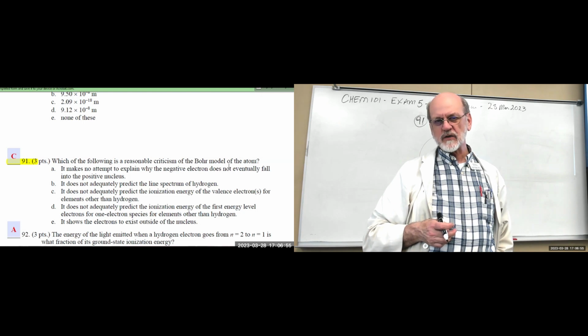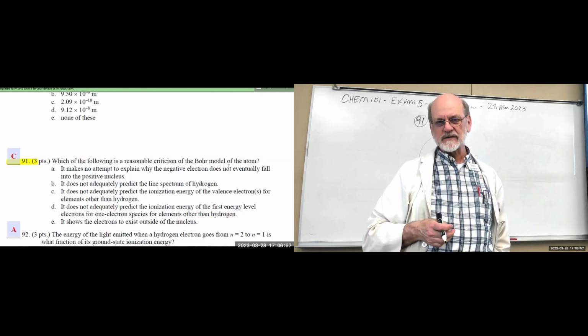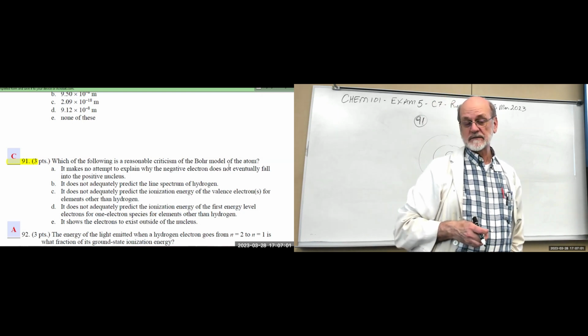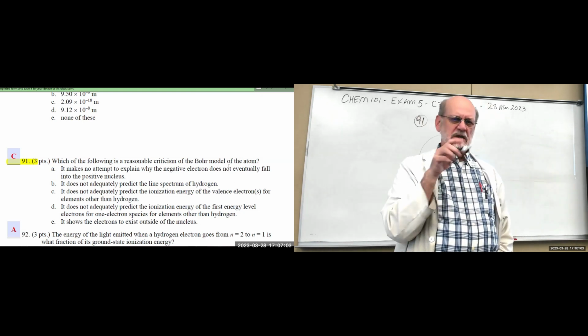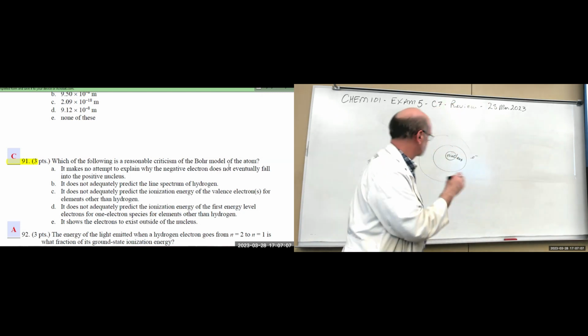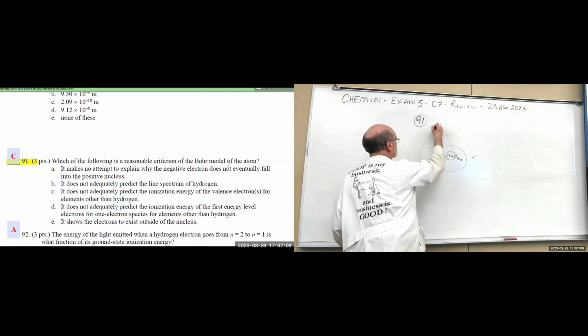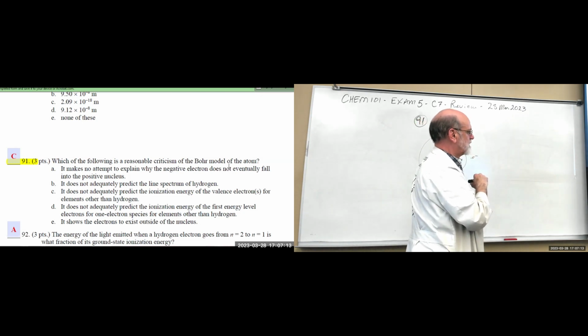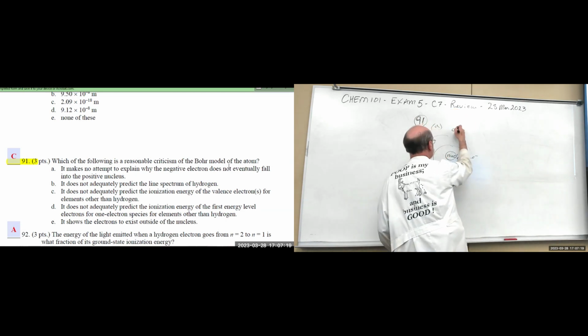E: It shows the electrons to exist outside the nucleus. Now, that's reasonable. You know what? A is a reasonable criticism. And C is a reasonable criticism.